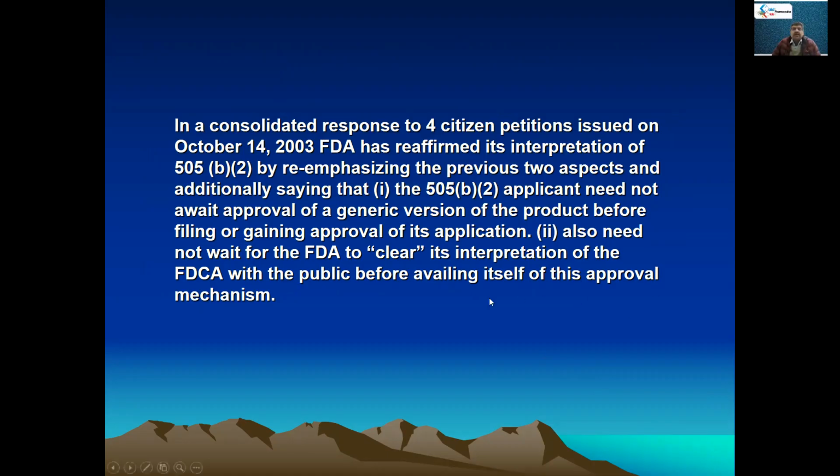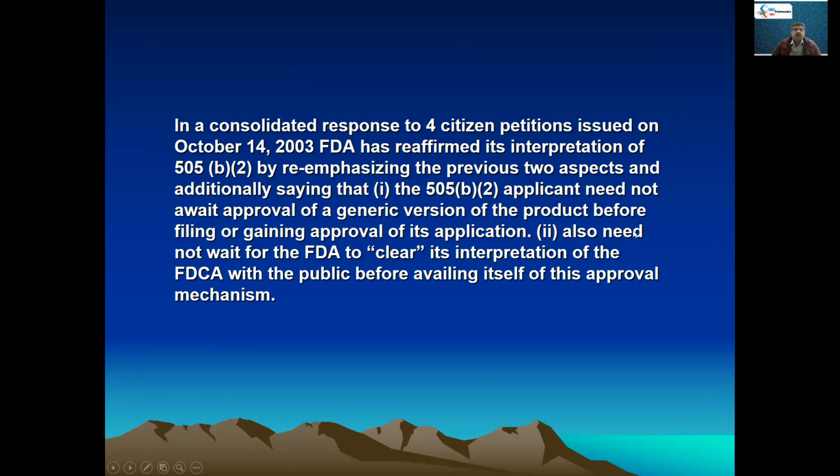And in a consolidated response to 4 citizen petitions issued on October 14, 2003, FDA has reaffirmed its interpretation of 505(b)(2) by re-emphasizing the previous 2 aspects and additionally saying that the 505(b)(2) applicant need not await approval of a generic version of the product before filing or gaining approval of its application.